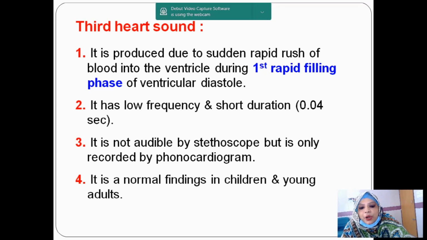The process is phonocardiography and the machine is the phonocardiograph. By this we can record the third and fourth heart sounds. It is a normal finding in children and young adults. This is a very important MCQ question. The third heart sound is normal in children and young adults.